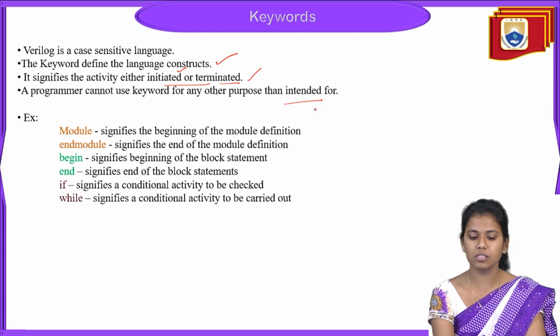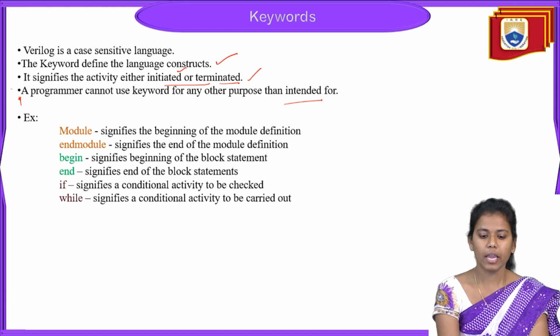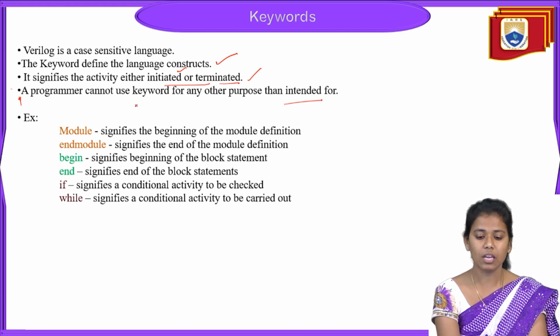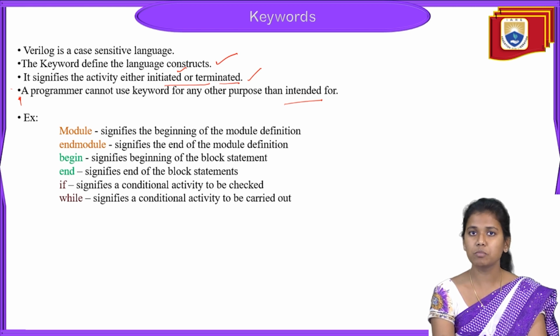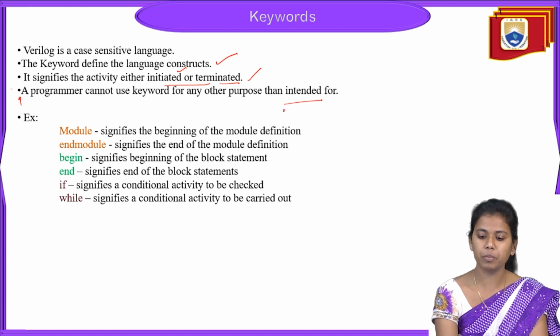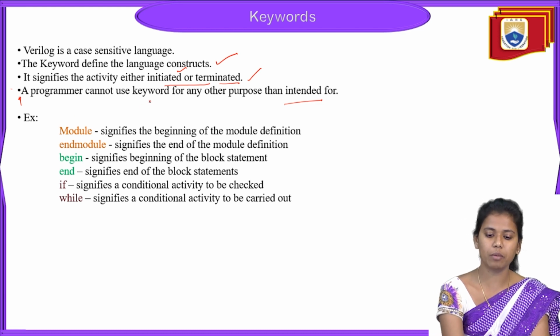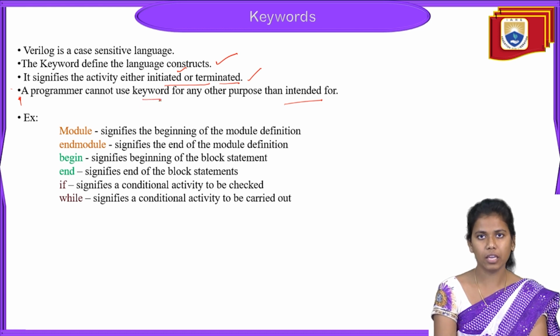This is an important point to be remembered: a programmer cannot use a keyword unless it is meant to be used for that. For general purposes the programmer cannot use a keyword wherever he wants to, but only for the purpose where it is intended and actually necessary. In that sense only can the programmer use a keyword.